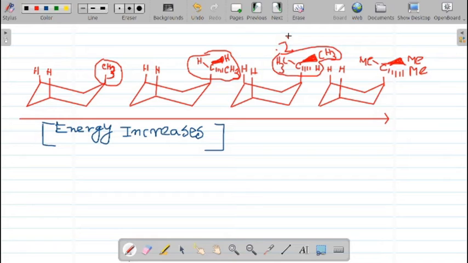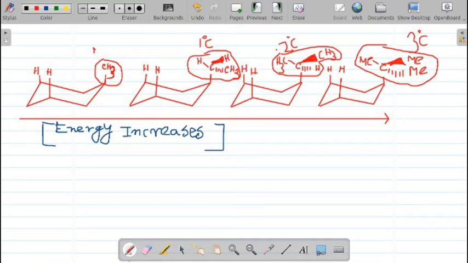This is a 2 degree substituent, 2 degree carbon, this is 1 degree carbon, and this is 3 degree carbon. And this is the methyl.